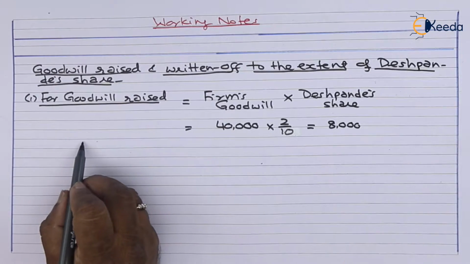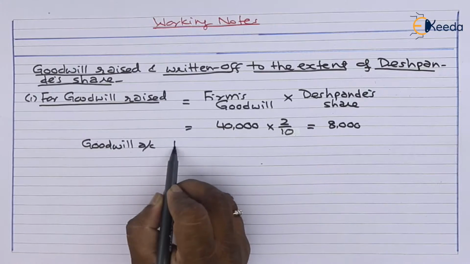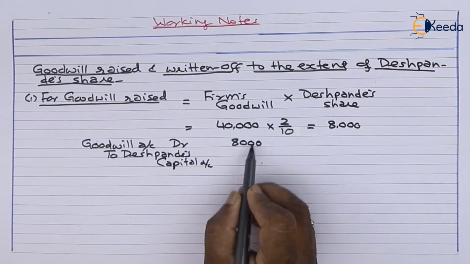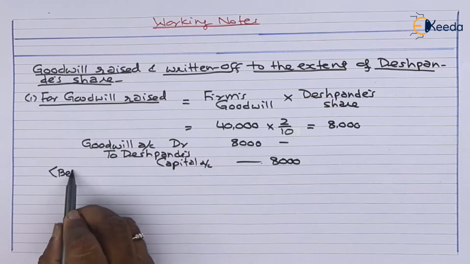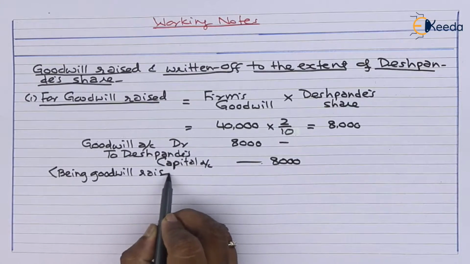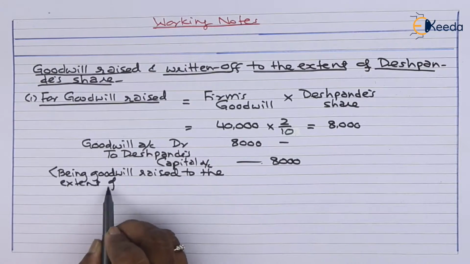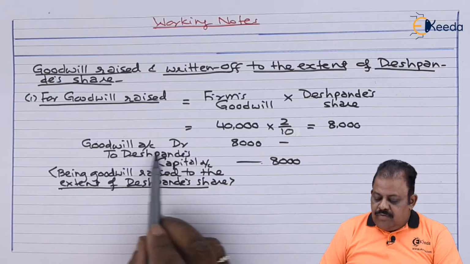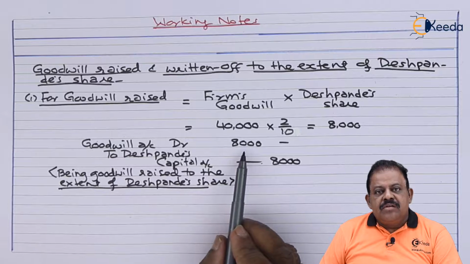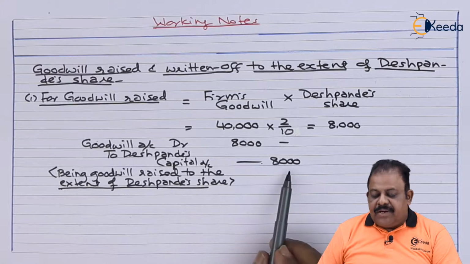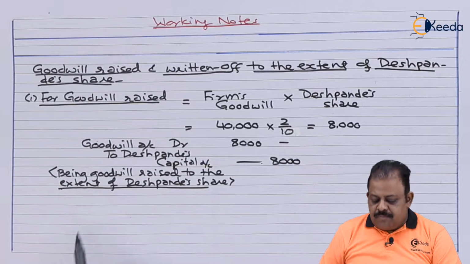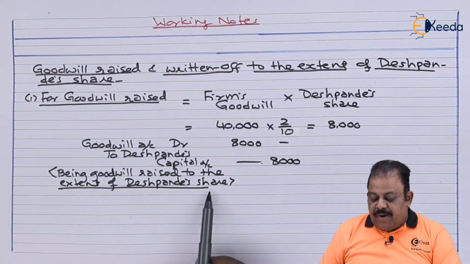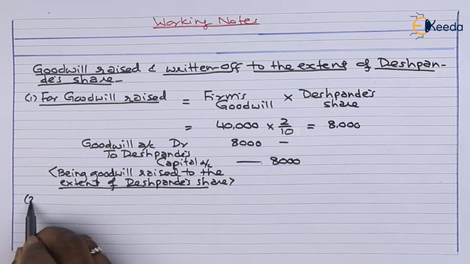Entry will be goodwill account debit 8,000 to Deshpande's capital account 8,000. Being goodwill raised to the extent of Deshpande's share.